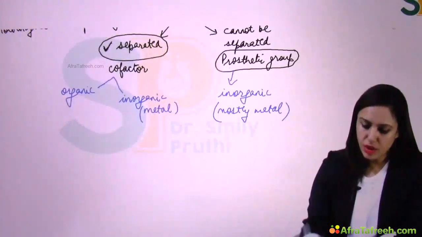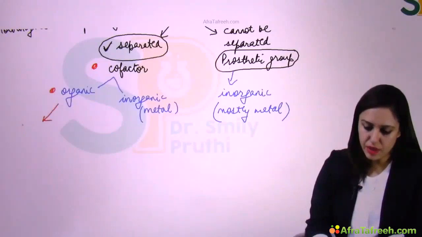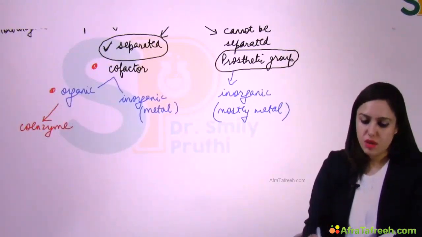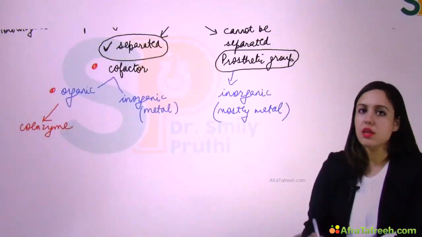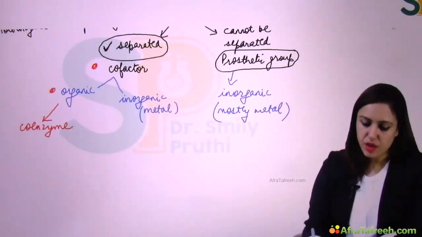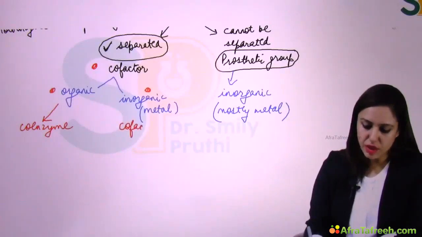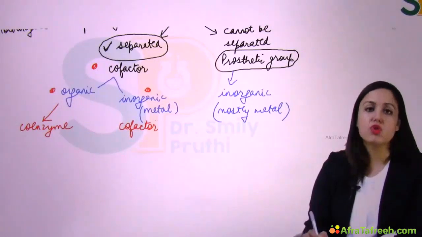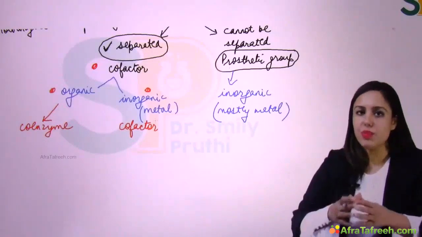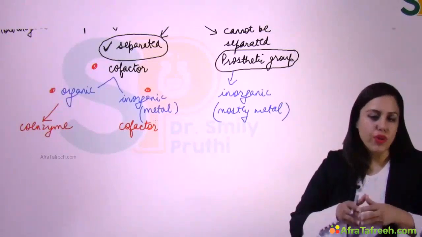Now, if the cofactor is organic, then it is known as coenzyme. If the cofactor is inorganic, then the same name cofactor is used. I repeat, the general name is cofactor.